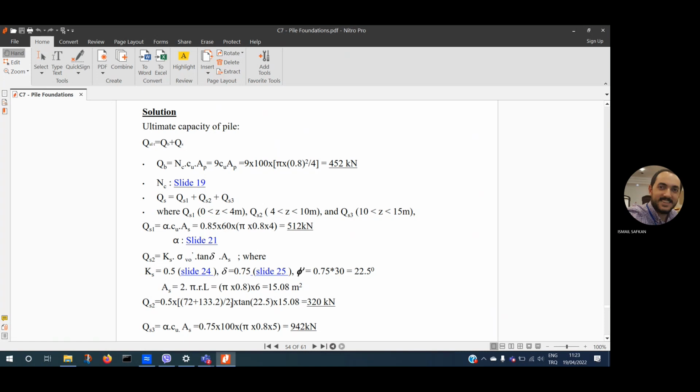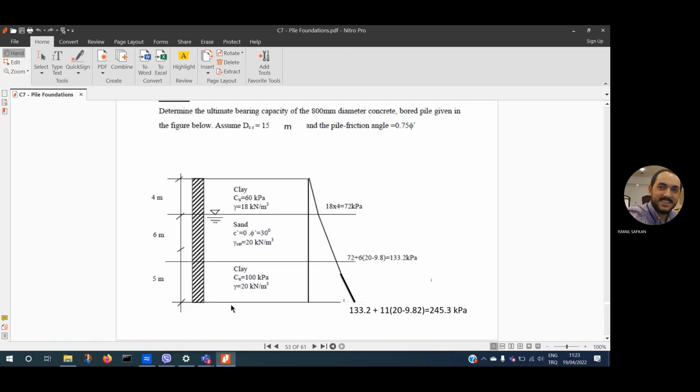You remember for the sandy soil, we have the Ks coefficient. Ks over K naught was 1, so K naught and Ks are equal to each other. Tan delta is given as 0.75 phi dash, and phi dash is given as 30 degrees.